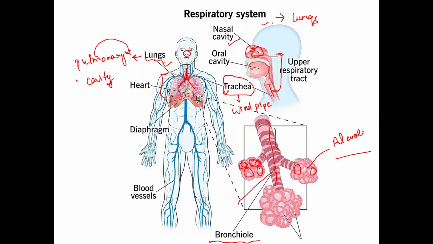The further division of the bronchi makes bronchioles, and the terminal part of the bronchioles is the alveoli. In the figure you can also see a special muscle that helps in respiration, the diaphragm. The diaphragm is a muscle which helps in breathing, the inhale and exhale process.